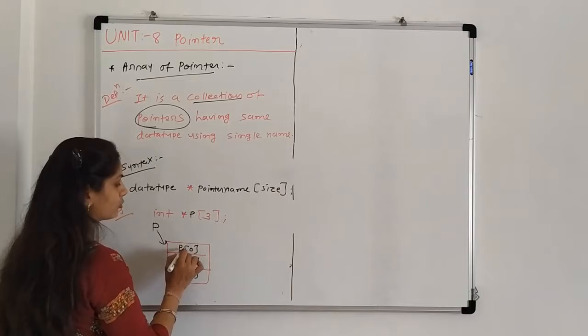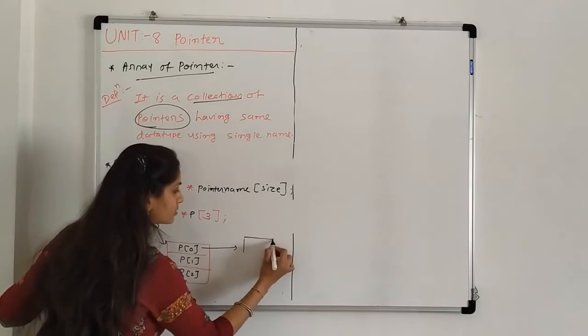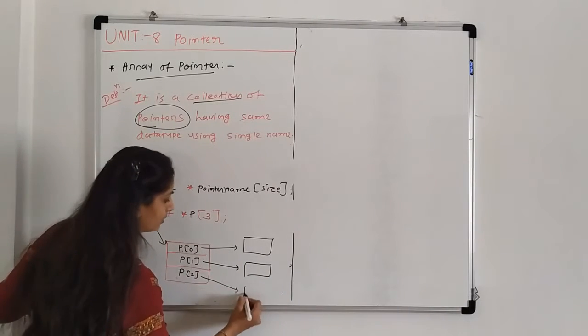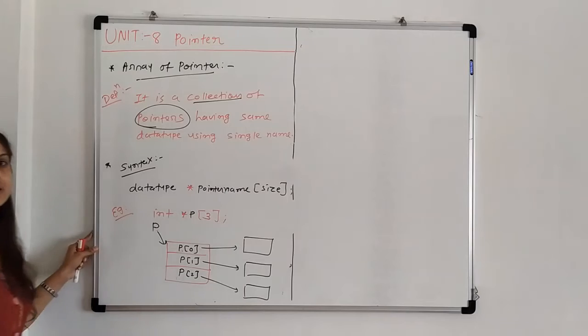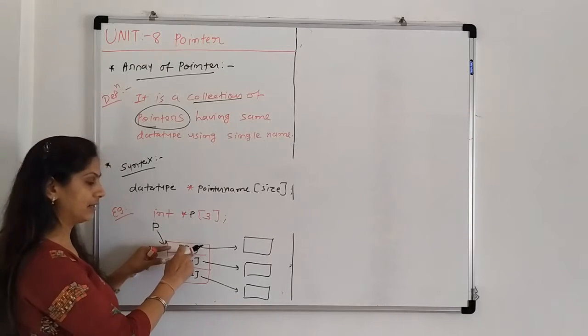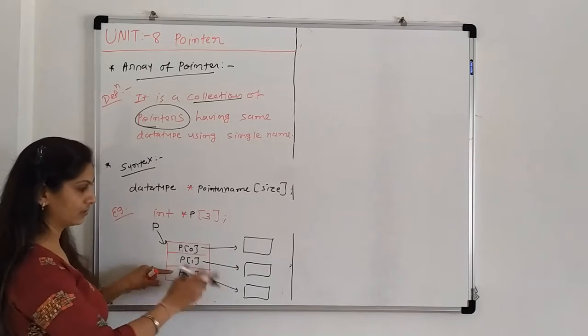Now this P0 is a pointer because of the star, which means it points to someone. P1 points to someone, and P2 points to some other variable. That is the definition of pointer. This is the first pointer at index 0, then P1 at the second index and P2 at the third.